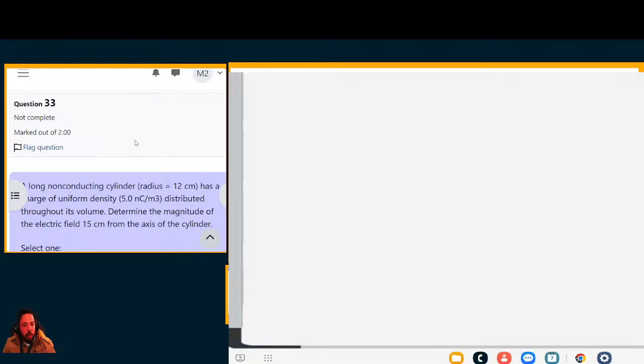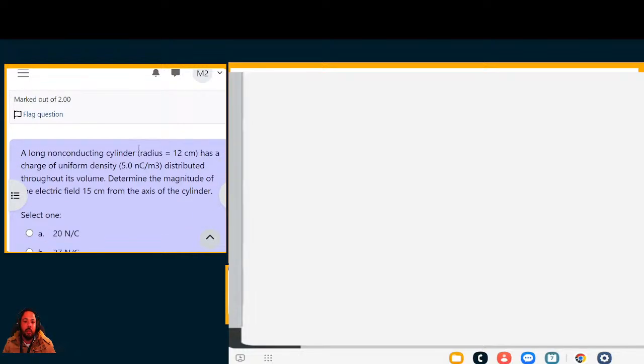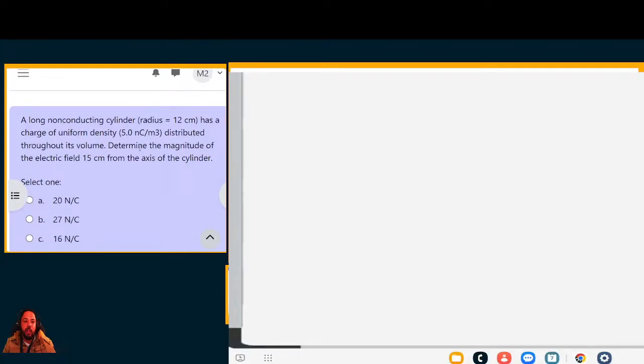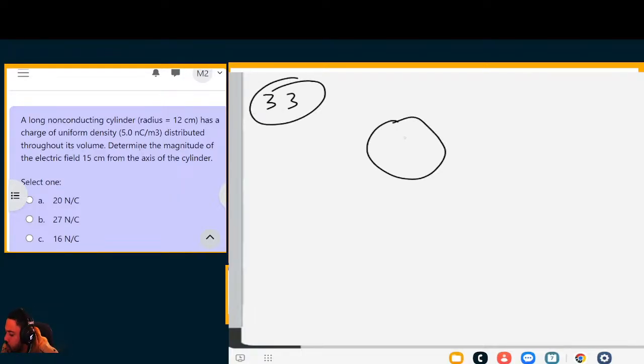This next problem is the same problem, but now we want to calculate... It's the same cylinder, but remember, we calculated it at 5 centimeters. Let's say this is the center of the cylinder.